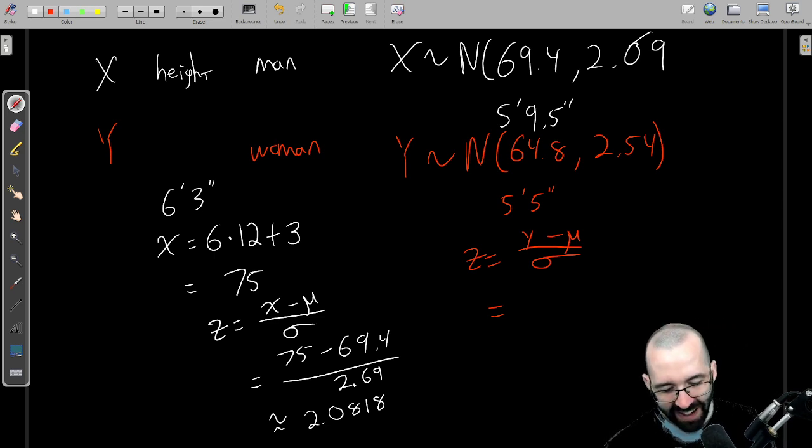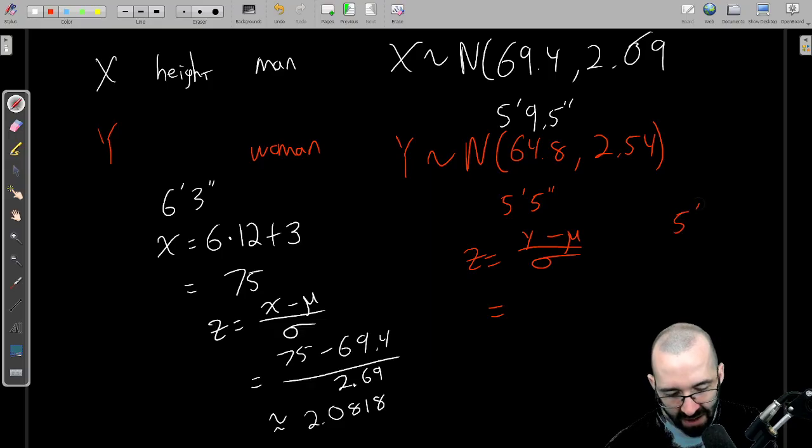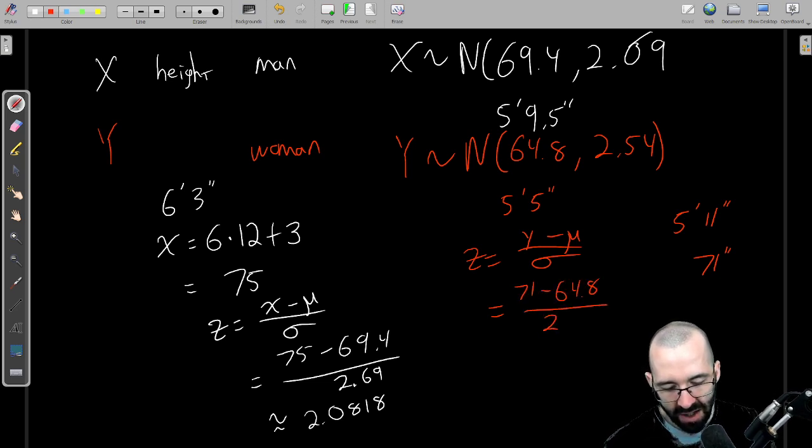Here we go. The Y value is, the woman here is 5'11". So that's 60 inches plus 11, 71 inches. 71 minus the mean of 64.8, over the standard deviation of 2.54.